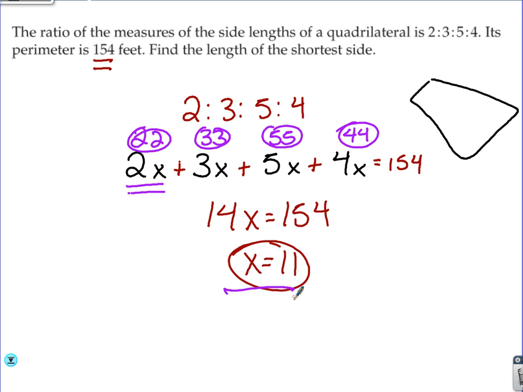Take all these 4 side lengths, set them up in ratio of each other, reduce it by 11, you get 2, 3, 5, 4. So are those in ratio of 2, 3, 5, 4? Yes. Number 2, we need a perimeter of 154. 22 plus 33 is 55. 55 plus 55 is 110. 110 plus 44 gives you 154. Okay, checks out.